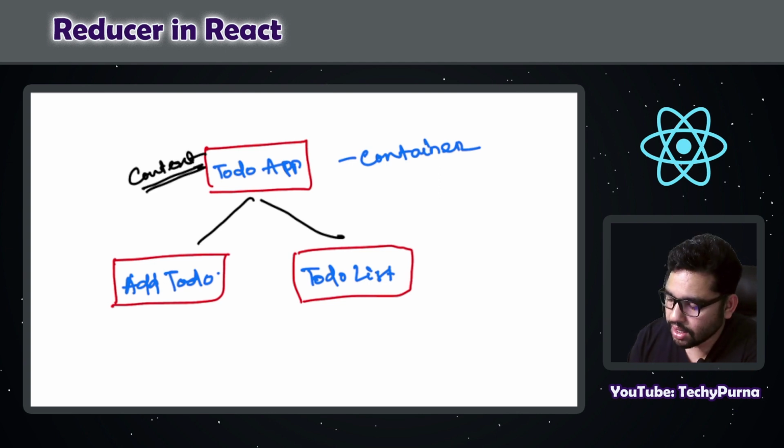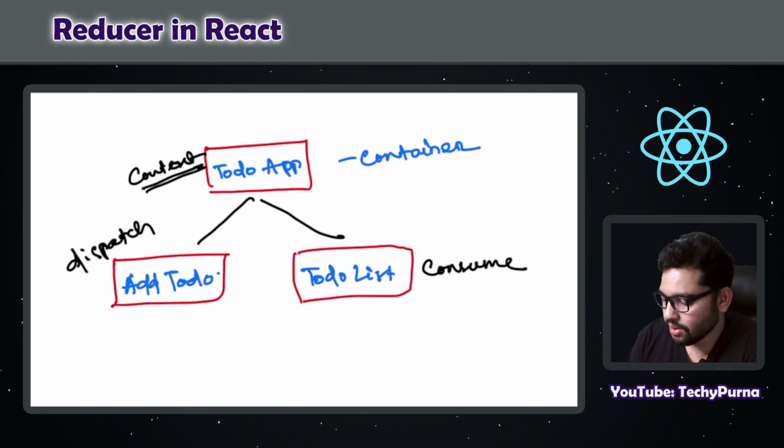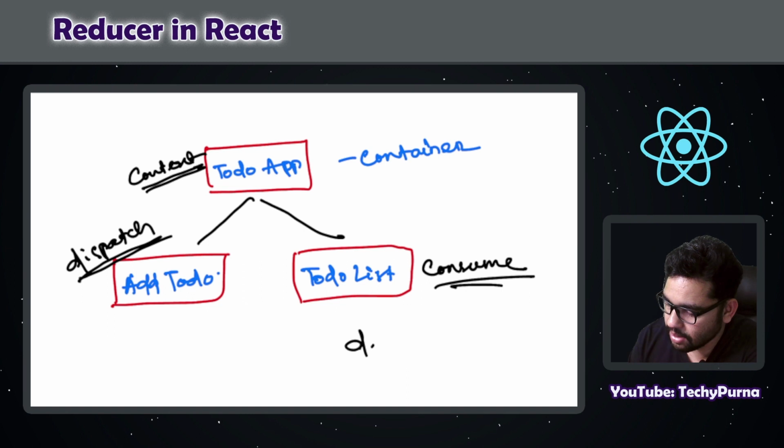We'll consume that context in to-do list, and from the add to-do, we will dispatch an action. From to-do list also we will dispatch a few actions.